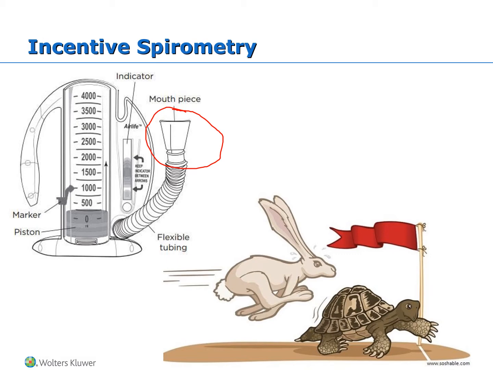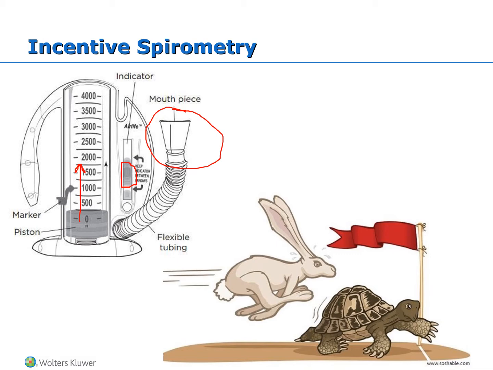They are going to inhale slow and deep, which is going to make this go up. And then they're going to hold their breath for 3 seconds, making sure that this stays within the lines. And then they're going to slowly release the breath.